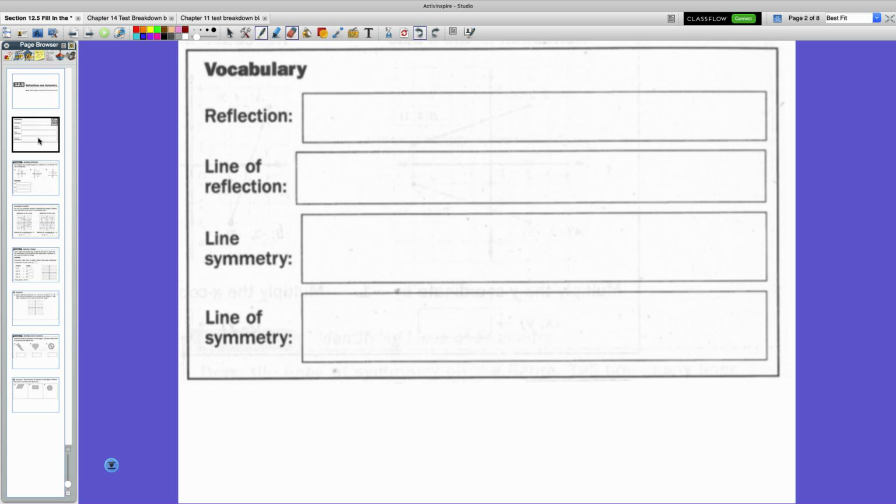First we need to know what a reflection is, mathematically speaking. A reflection is flipping an object over a fixed axis, or let's just say a line for now.